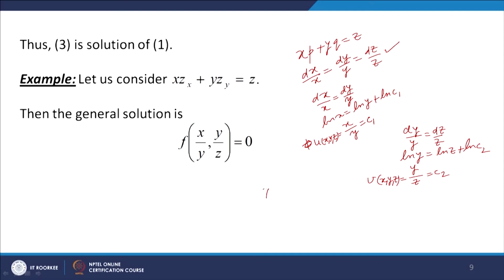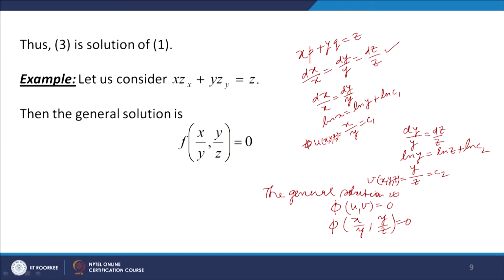Hence, the general solution is given by phi(u, v) equal to 0. So, that means phi of (x over y, y over z) equal to 0.